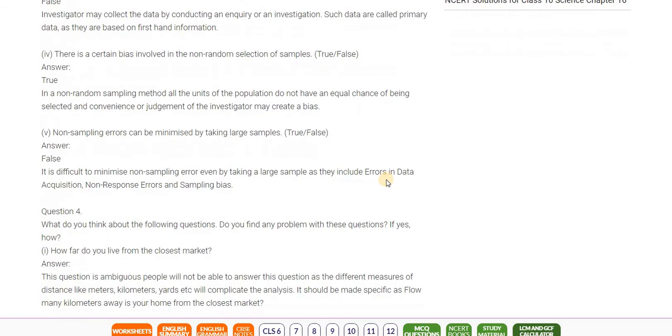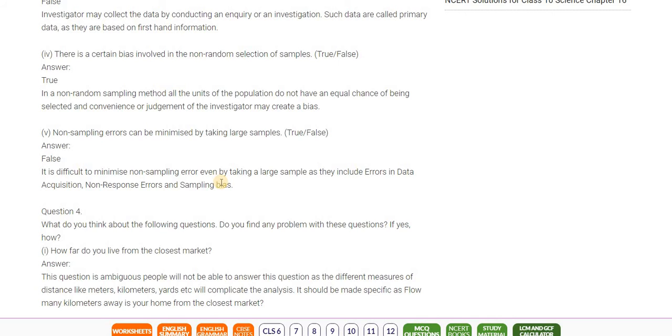Non-sampling errors can be minimized by taking a large sample. False or true? False. It is difficult to minimize non-sampling error even by taking a large sample, as they include errors in the data acquisition, like non-response errors and sampling bias.